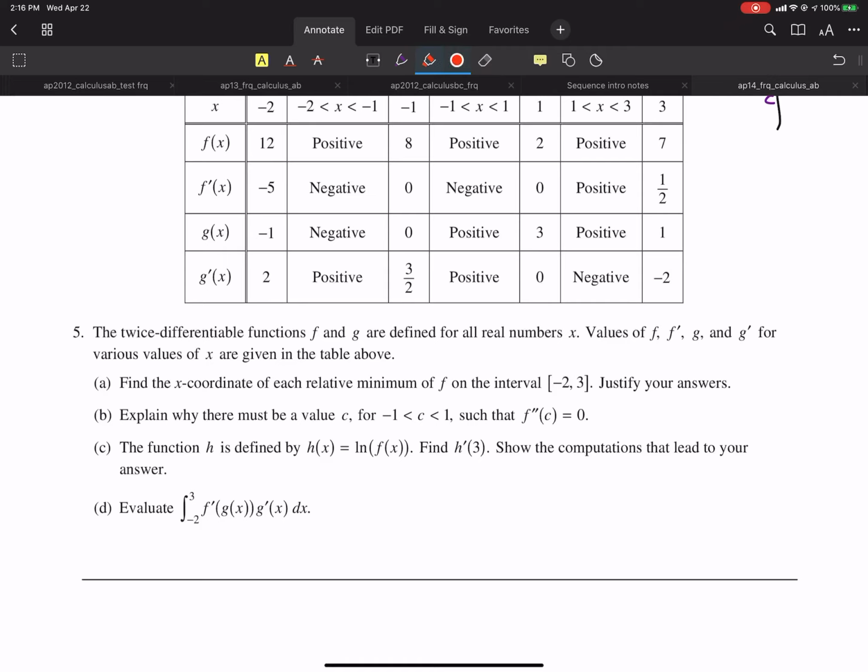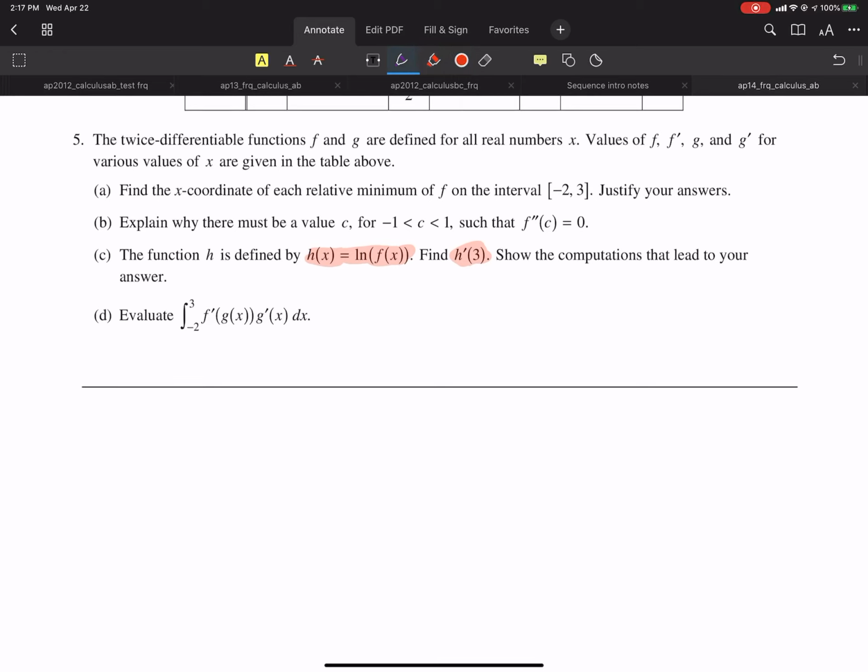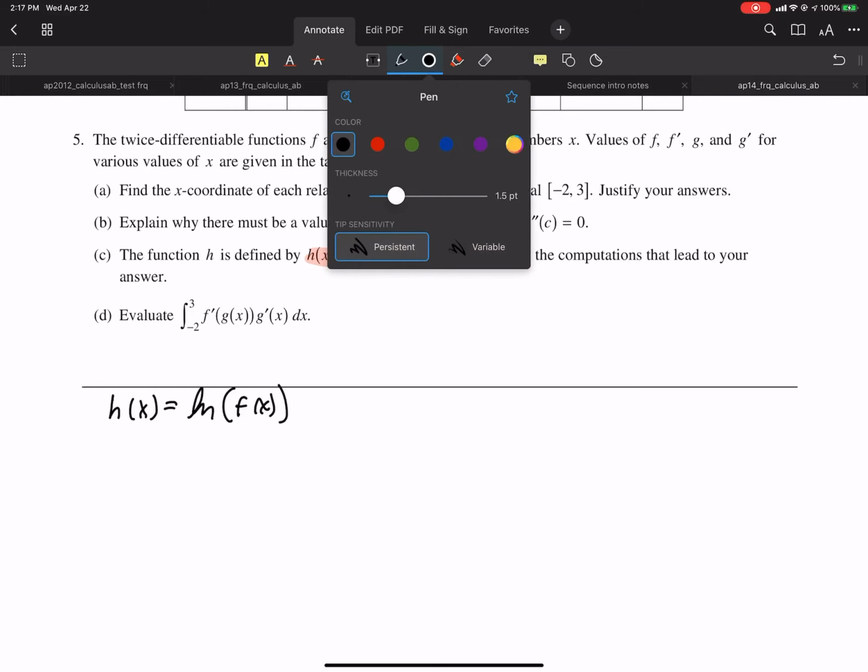The function h is defined as ln of f of x. So we want to find the derivative of h at 3. Okay, this one I like because it's pretty straightforward. Hopefully you see it's a function inside of another function.